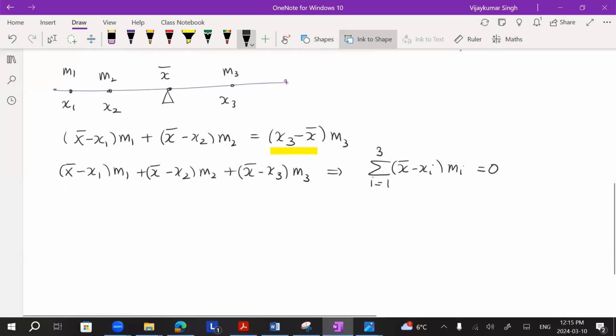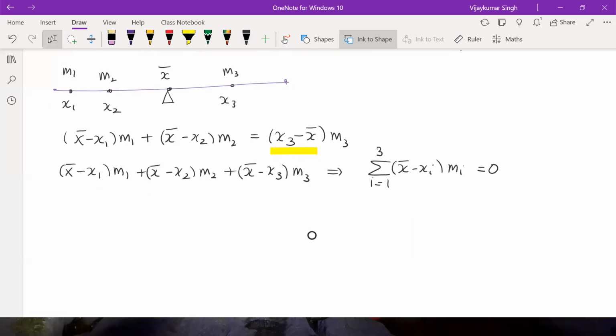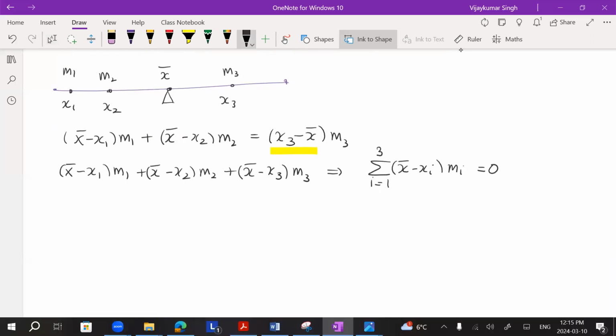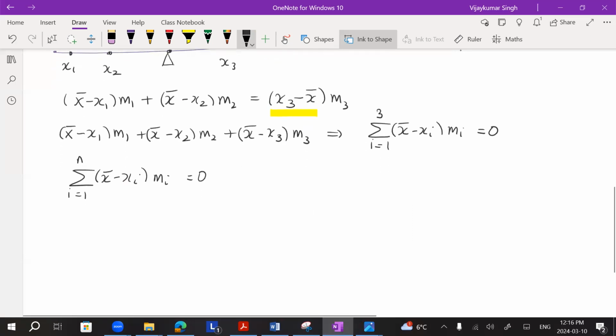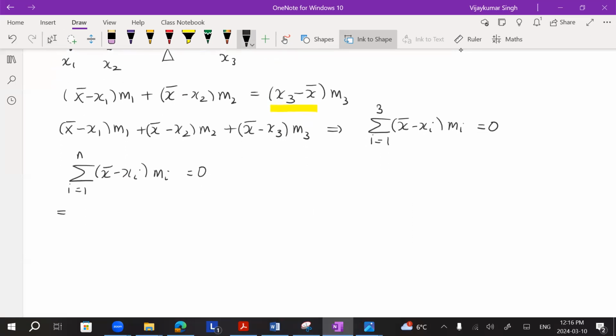Now we can generalize this. If we have n particles of weight m1, m2, up to mn, then the similar formula will look like the summation i going from 1 to n of x bar minus xi times mi is equal to 0. Now let's multiply and open this up.